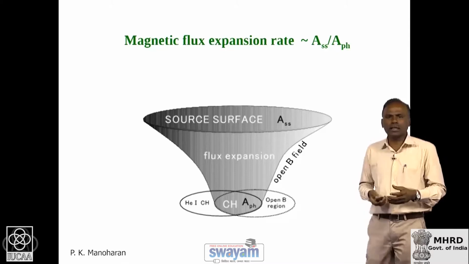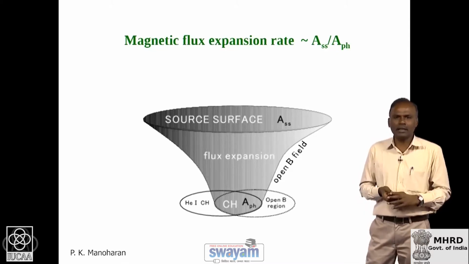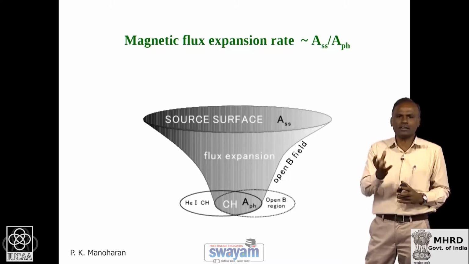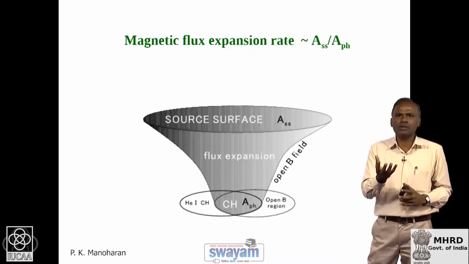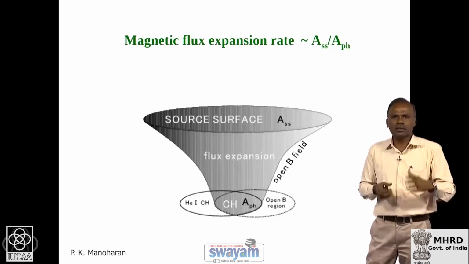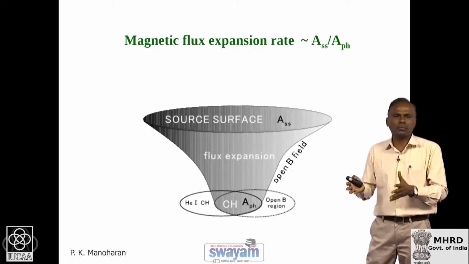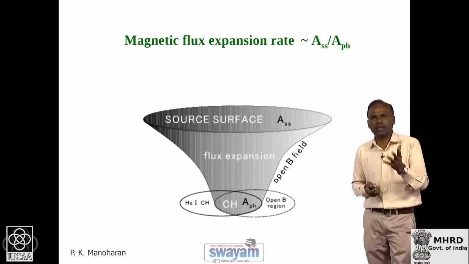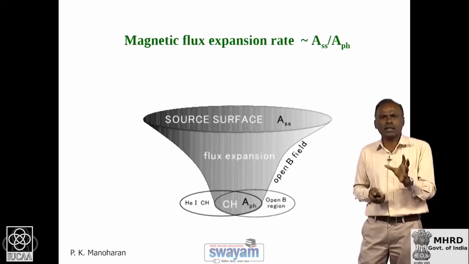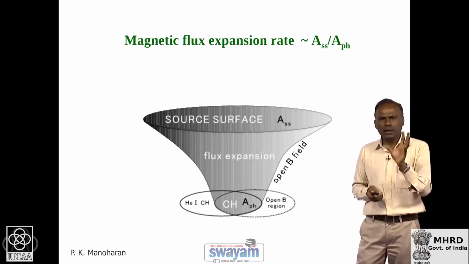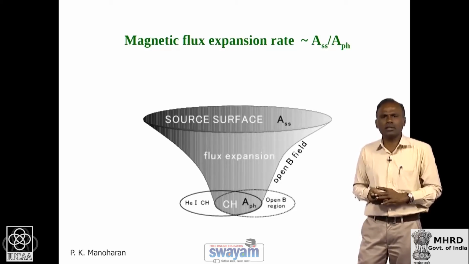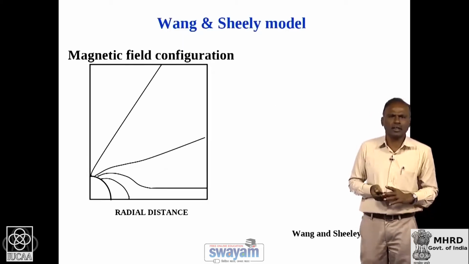The expansion factor is the area on the source surface to the area on the photosphere. So, A_S divided by A_photosphere gives the typical expansion factor. Does this expansion factor of the magnetic field play a crucial role in the acceleration of the solar wind? Let us see how the expansion factor is varying.